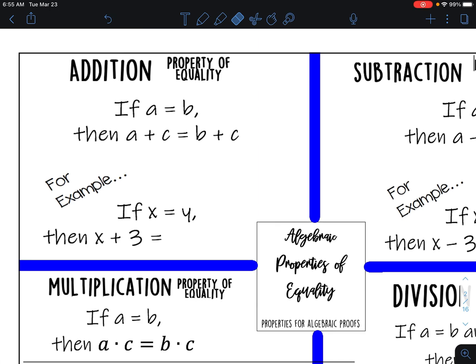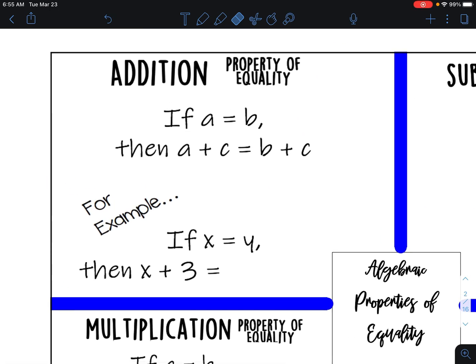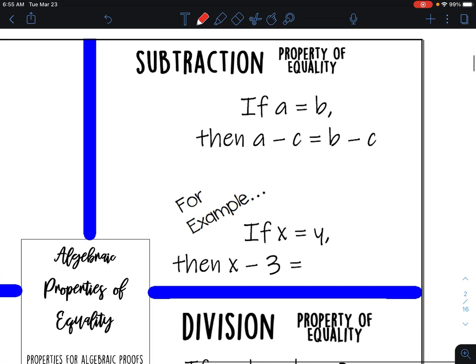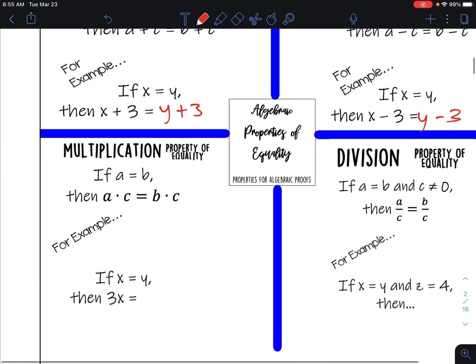Okay, so the addition property, if we had to add a number to both sides, we would say our justification or reasoning would be the addition property. Right? Likewise, if we had to subtract 3 from both sides, that's a y, we would call that the subtraction property.